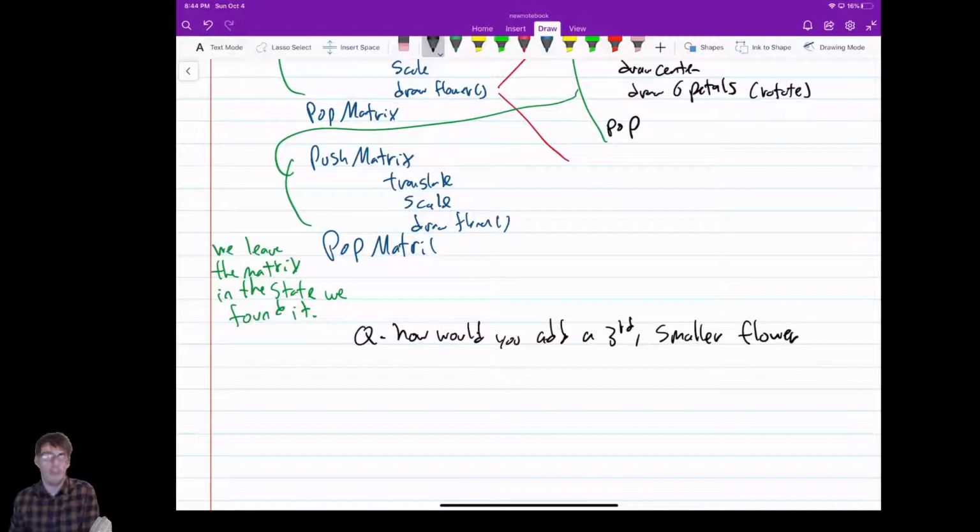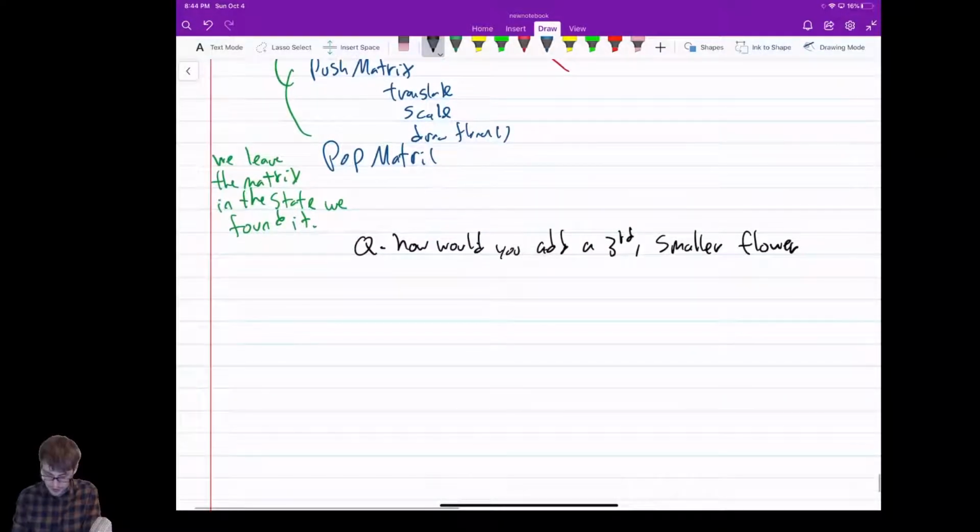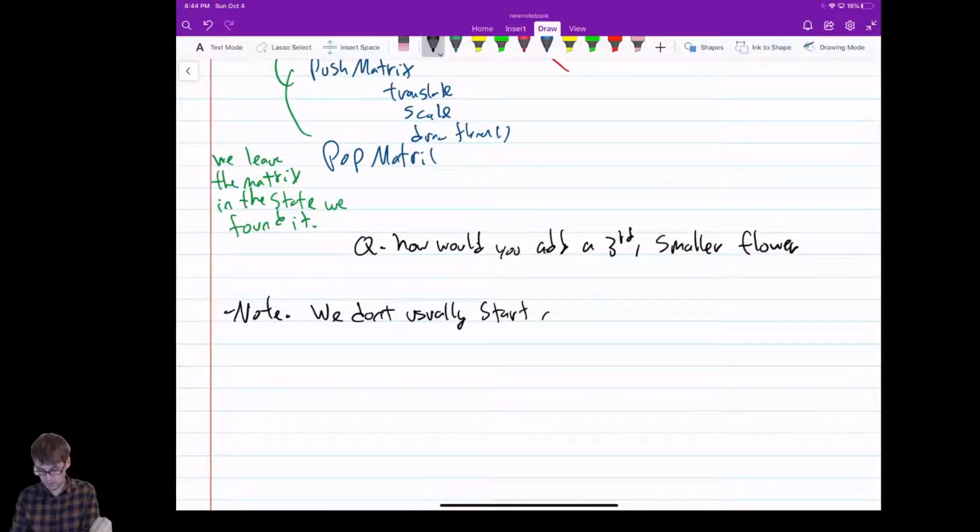So, a couple of things I want to highlight here. Note, we don't usually start at the identity. If we start at the identity, then someone won't be able to modify or translate or rotate before calling our function. Okay, so we don't start at the identity. We usually trust what's on there, trust what's on the matrix already.